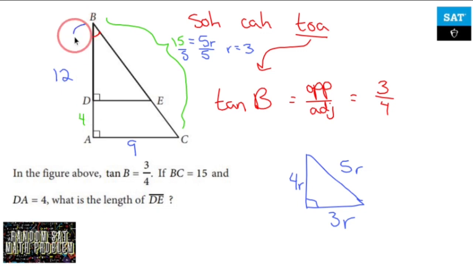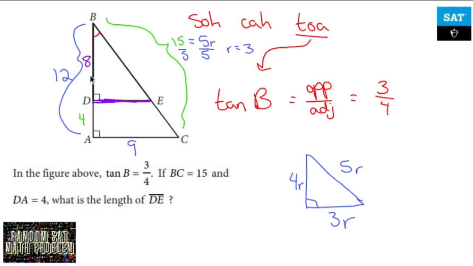Now this whole thing is 12. My end game is to find out what DE is. What I know is that this is 4, this whole thing is 12, which would make this 8.